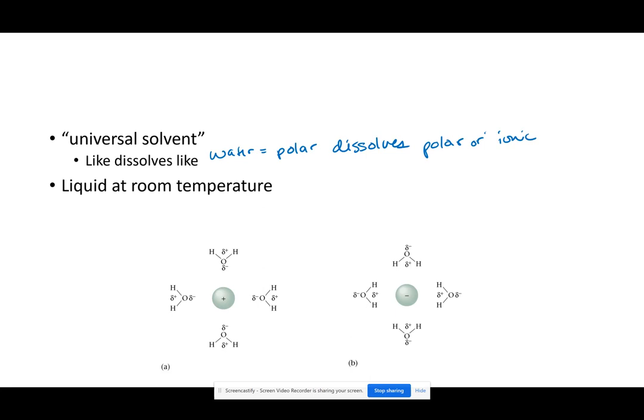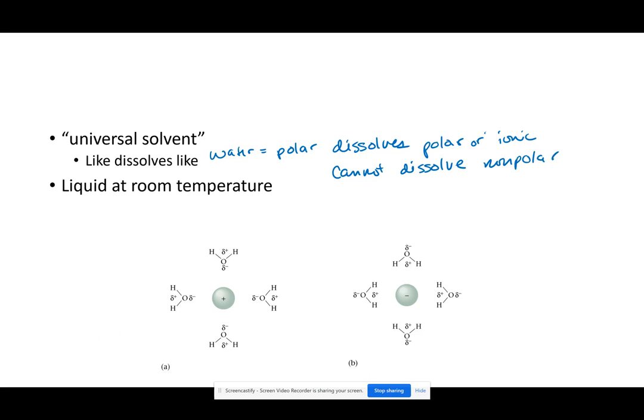So it has to have some kind of charge that the water molecule can grab onto in order to dissolve it. It cannot dissolve nonpolar things because there's no charge for that polar water molecule to grab onto.